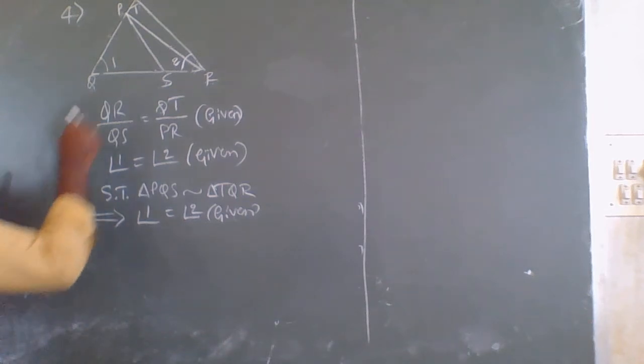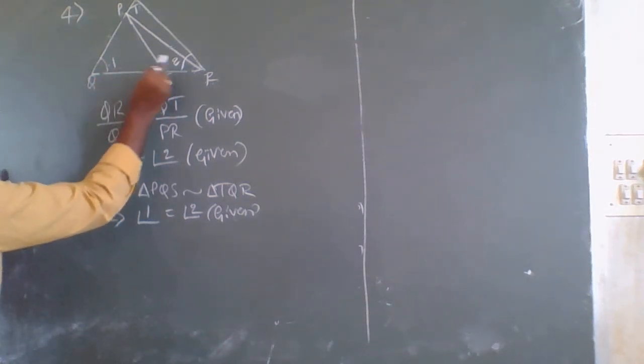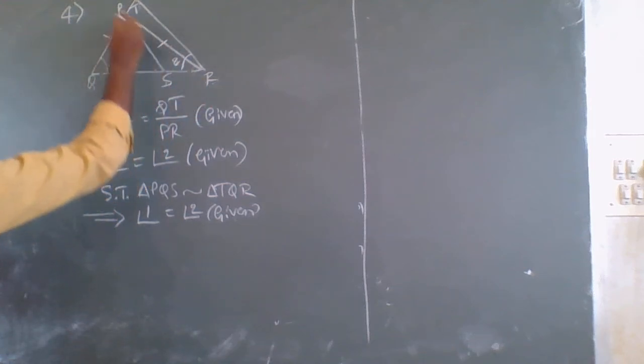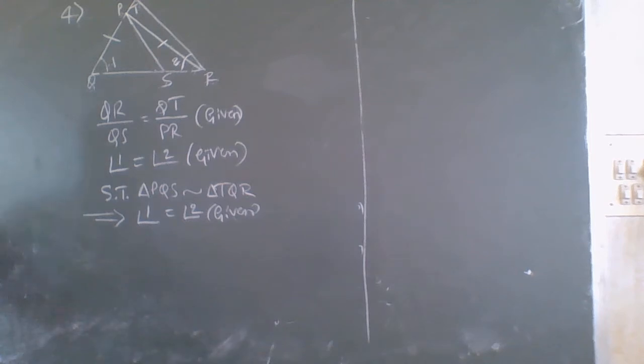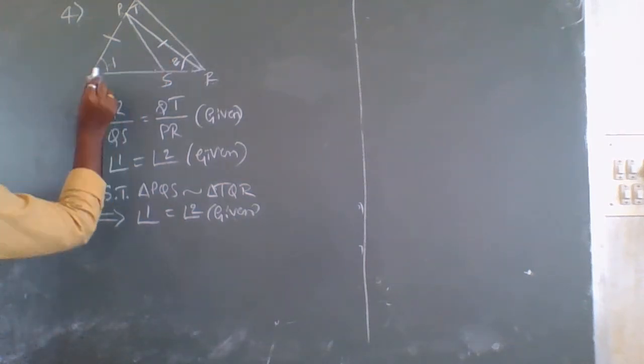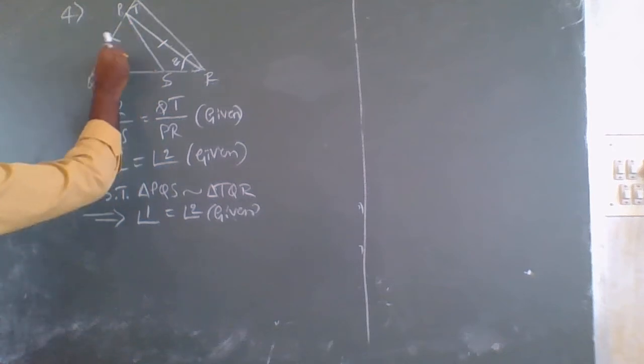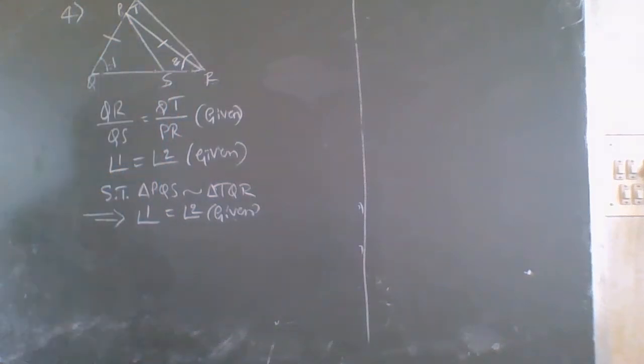So PR and PQ are equal, because PR is opposite to angle 1, and PQ is opposite to angle 2.